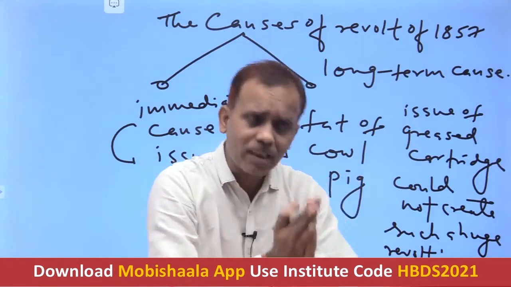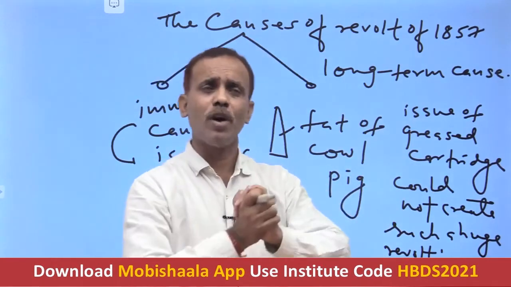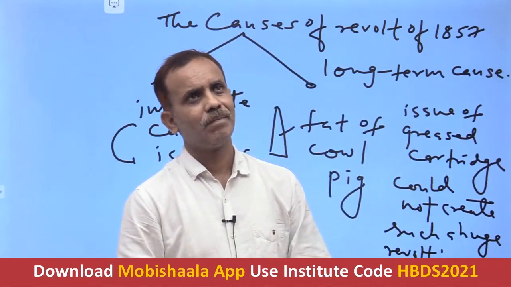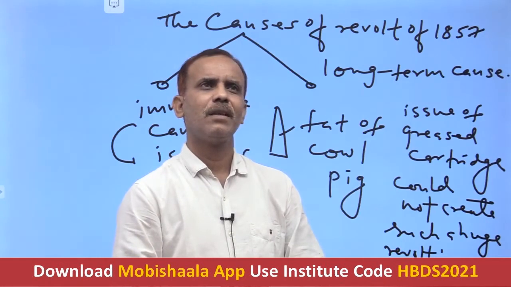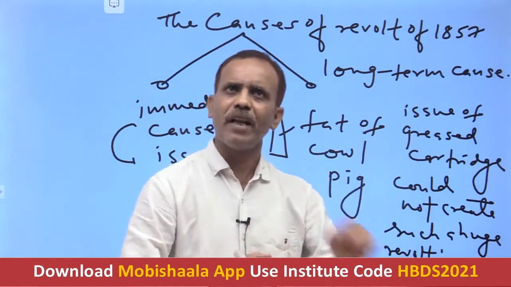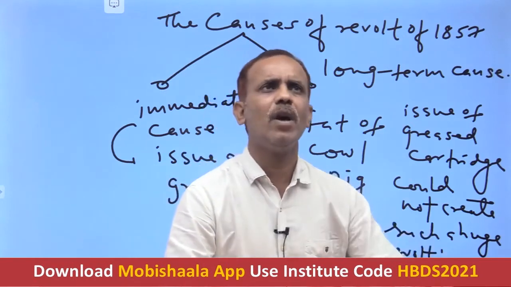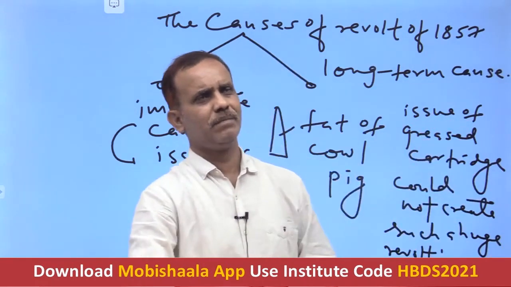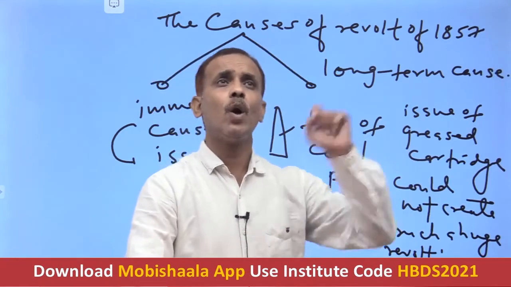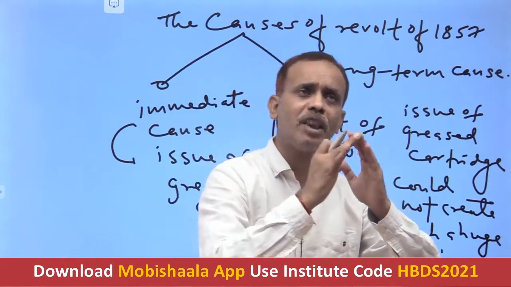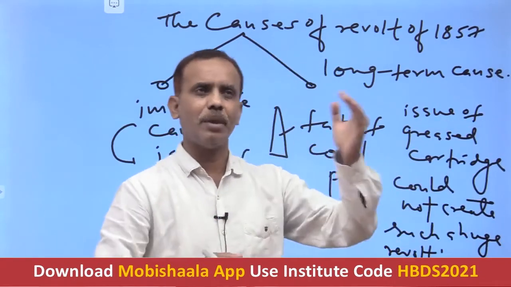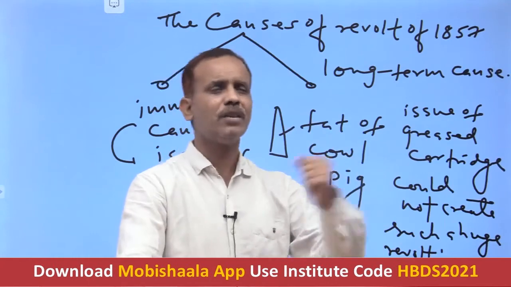So we cannot accept that it was merely a sepoy mutiny, because it is right that in the beginning this revolt was led by sepoy, but later on sepoy also got support of various people of Indian society, like peasants, like zamindars, some rulers.